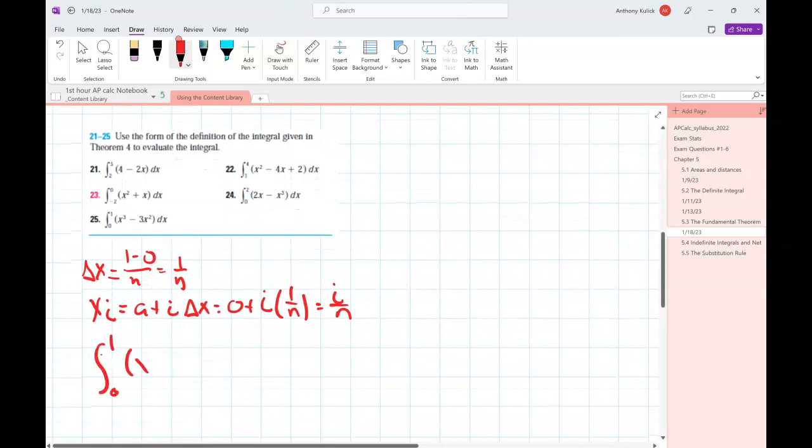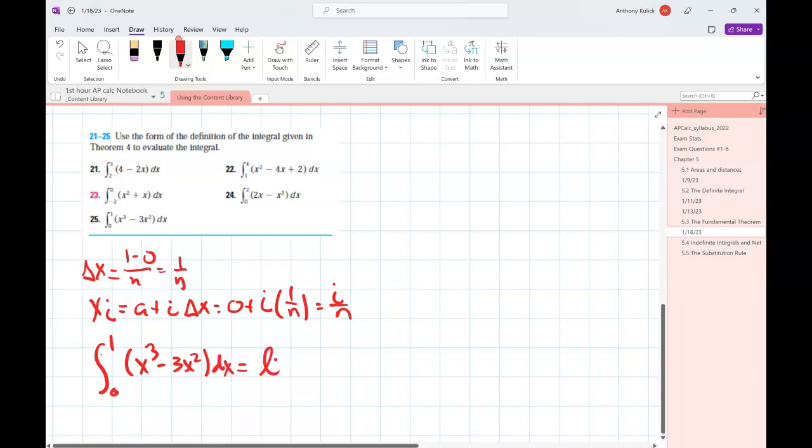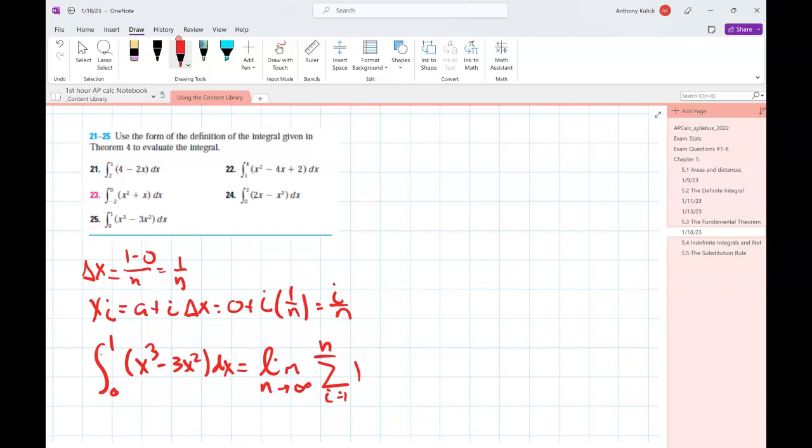So now that I have that, we'll go ahead and use our theorem. And remember that f of x is x cubed minus 3x squared. So let's go ahead and do that.